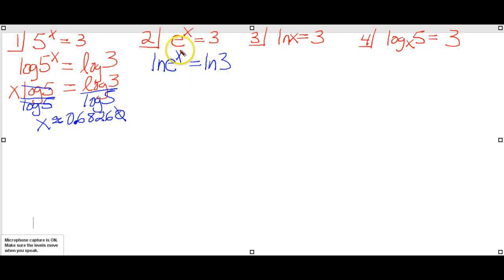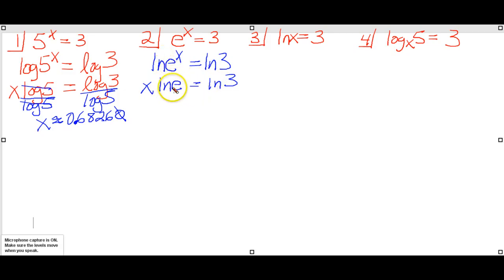Now we're going to take the x from here, put it in front, so it now becomes x natural log of e equals natural log of 3.